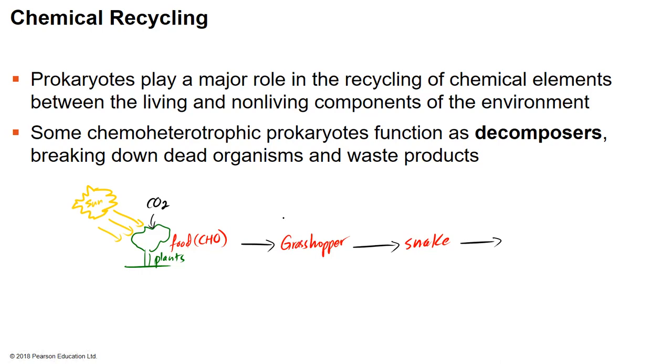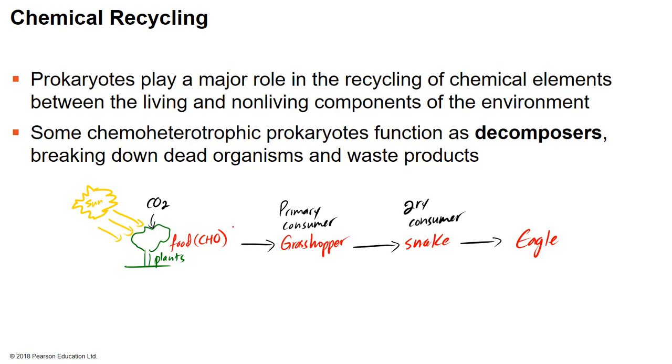So this is considered a primary consumer of nutrients or elements from plants. This is a secondary consumer. And then maybe, let's say like an eagle will come and eat the snake.